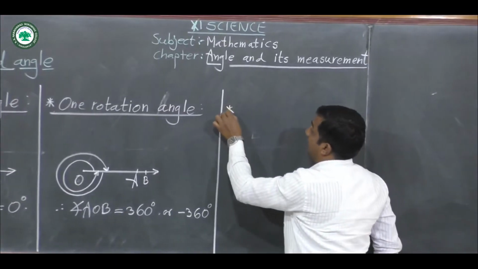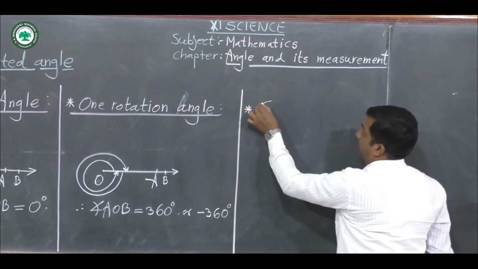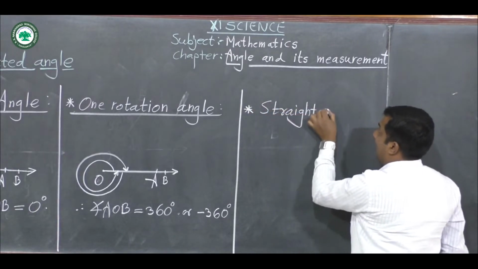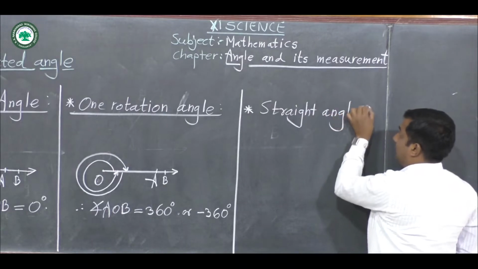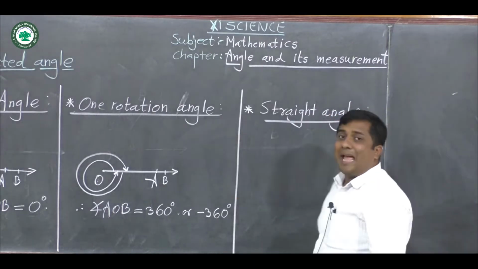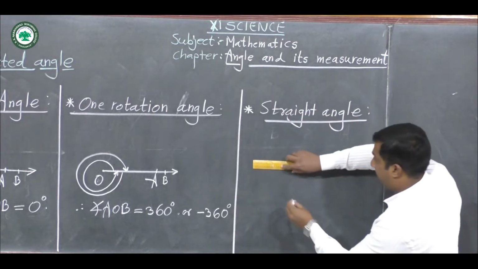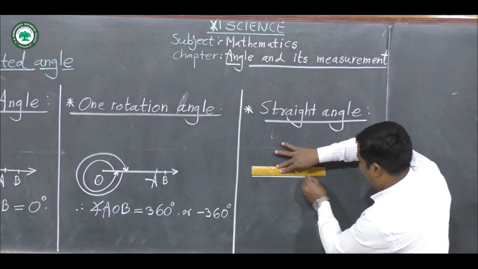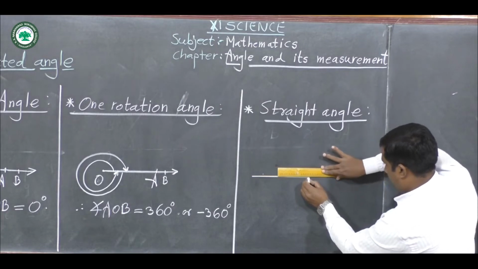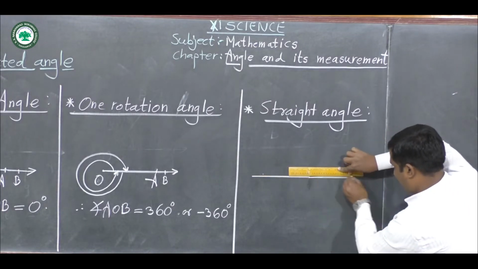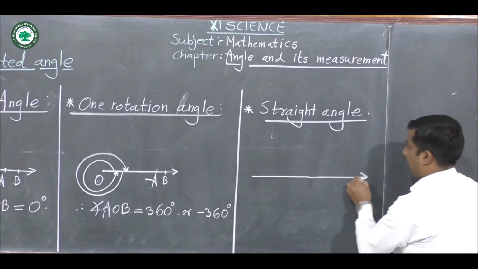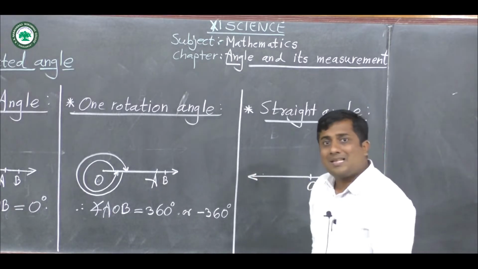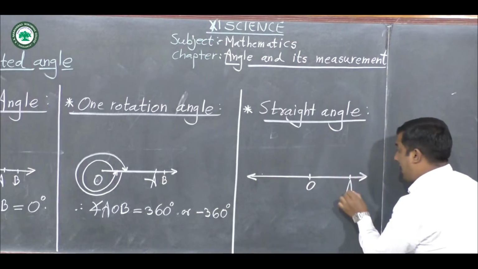Here we define the straight angle. Again, to define the straight angle, we consider one figure. Here origin is at O. Let us consider the initial ray as OA.